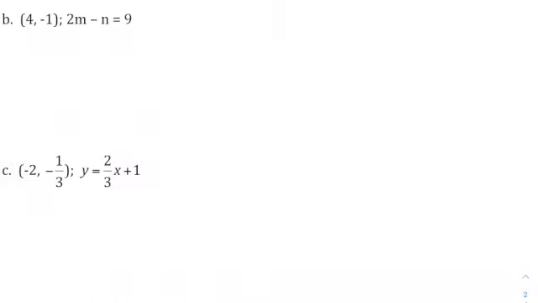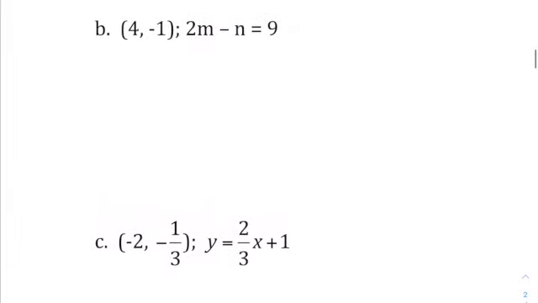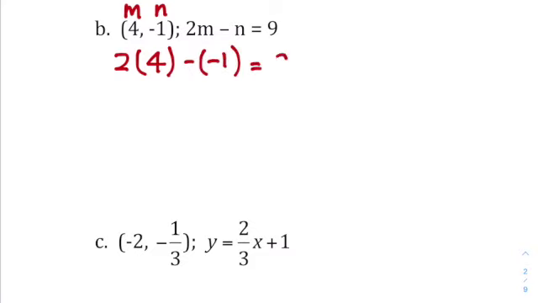Different form. This is with m and n on the same side, and that still works the same way. Which letter goes first? It's alphabetical order. So M, N, O, P. So M goes first, N goes second. Okay, so it's going to be 2 times 4 minus -1, because n is -1, equals 9.